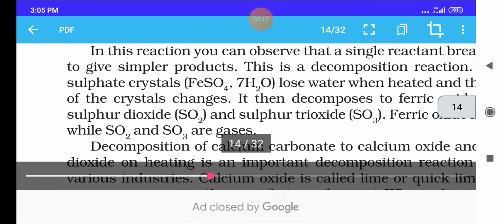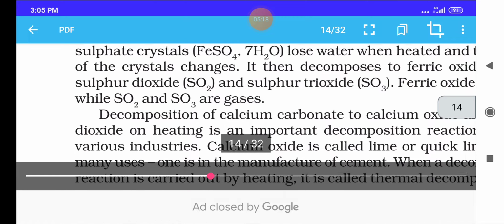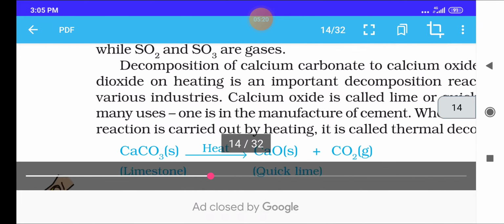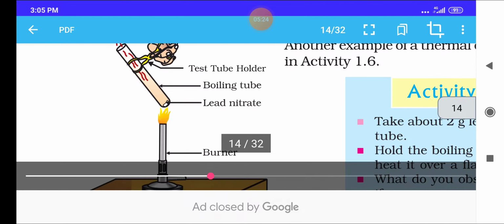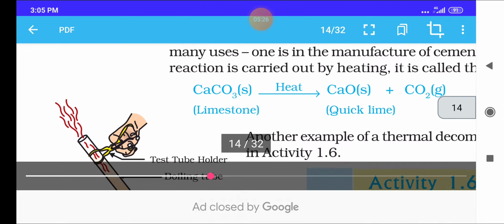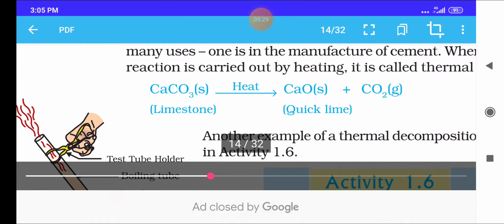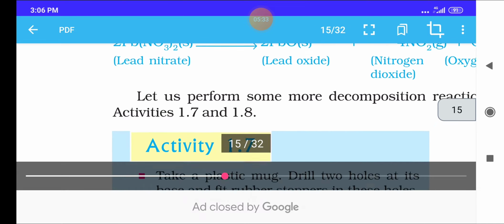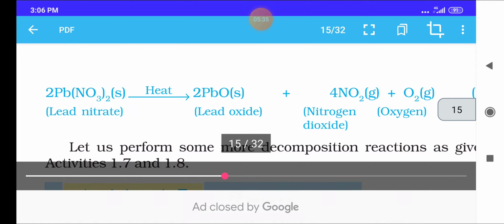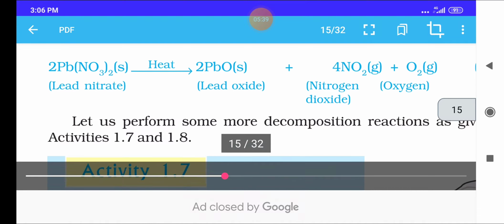First it lose its 7 molecule of water converted from green to white, then it break down into sulfur dioxide, trioxide, etc. Similarly, calcium carbonate when heated in a dry test tube form its oxide, calcium oxide, and carbon dioxide will be liberated. Same here, lead nitrate heated, then the metal oxide is formed and nitrogen gas will be eliminated out.